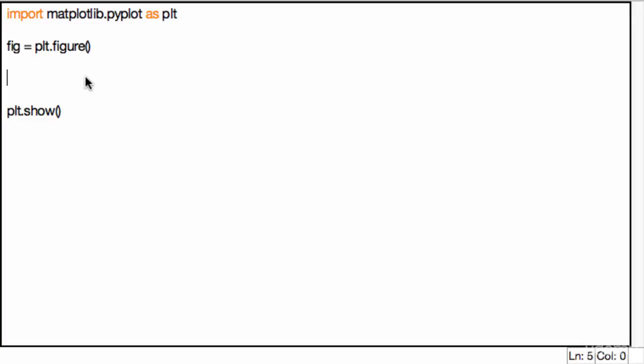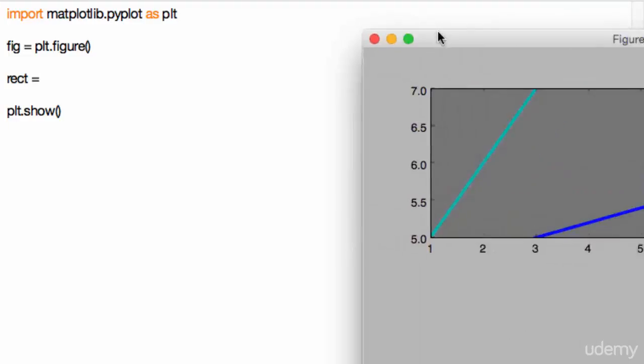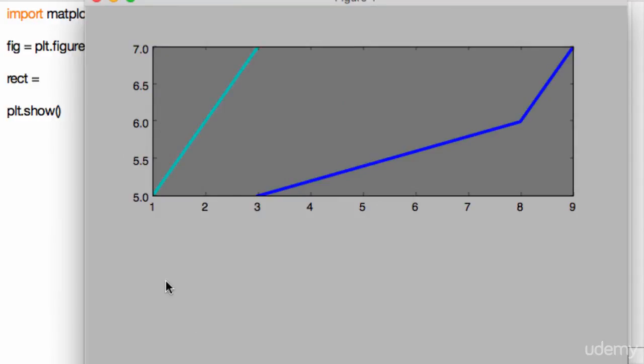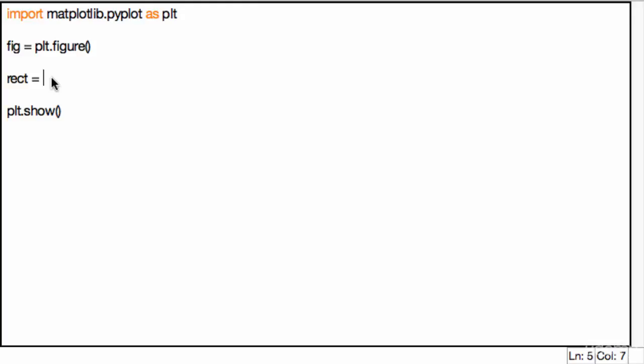Now, the next thing: these next two lines change the color of the background. Currently, as you see this light gray color at the back, this is what you can change using the following code. So rect = fig.patch, and then you can say rect.set_facecolor as any color you want it to be.